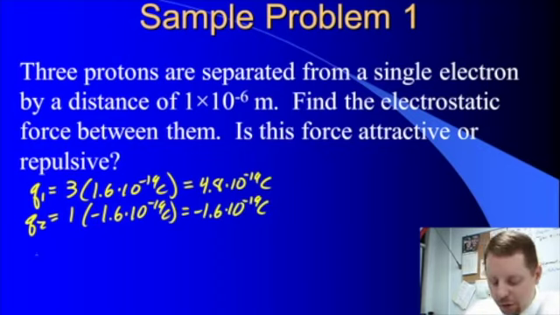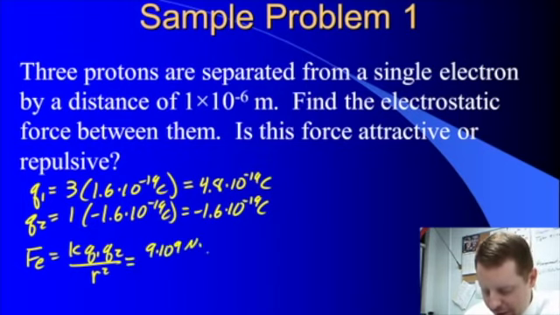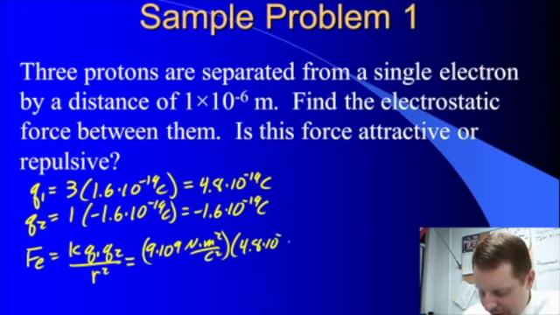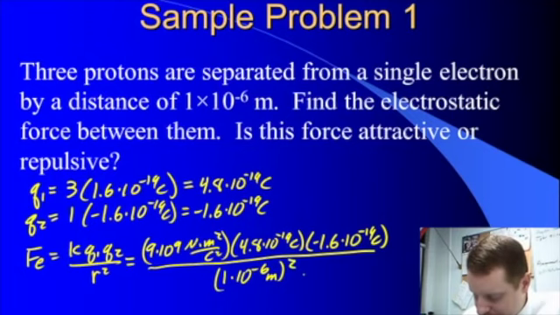So when we use Coulomb's law, electrostatic force is K times Q1 times Q2 over r squared, or 9 times 10 to the 9th newton meters squared per coulomb squared, times 4.8 times 10 to the minus 19 coulombs, times negative 1.6 times 10 to the minus 19 coulombs, all over 1 times 10 to the minus 6 meters squared.